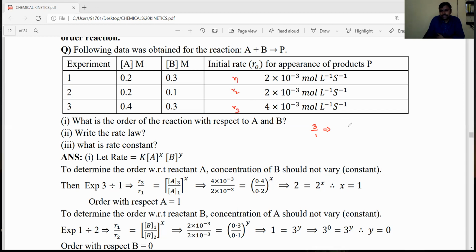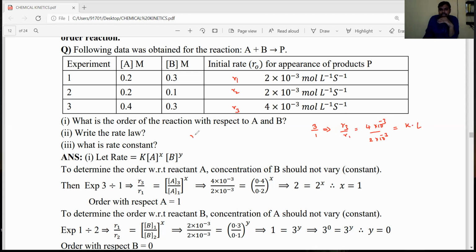R3 by R1. The R3 value is 4 into 10 to the power of minus 3 by 2 into 10 to the power of minus 3. Then the rate expression is equal to K into concentration of A.